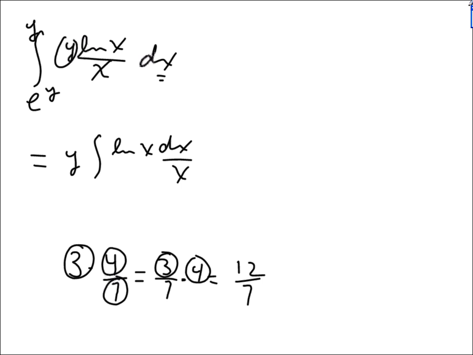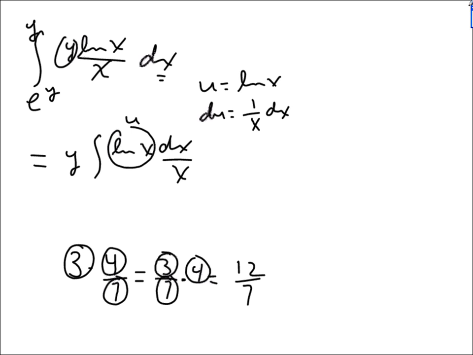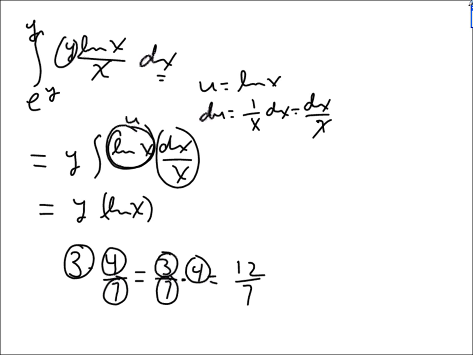Now, if I let u equal ln of x, then du is 1 over x dx, also known as dx over x. So this is u, and that's du. Well, I know the integral of u du. It's u squared over 2. But this is how I write u.